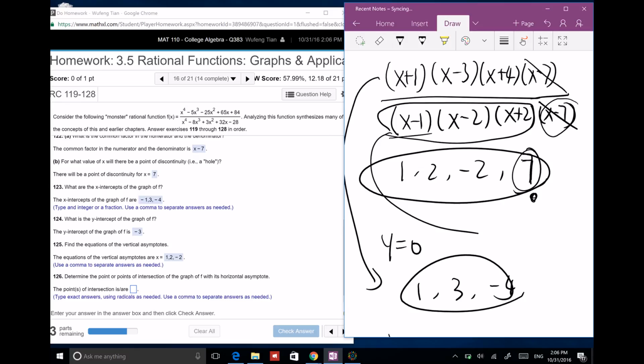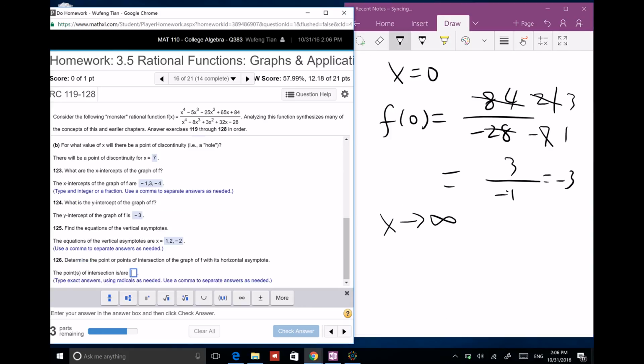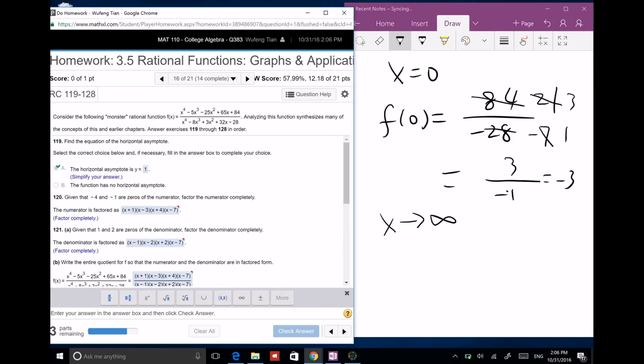Determine the points of intersection of the graph of f with this horizontal asymptote. Horizontal asymptote is what x goes to infinity. The horizontal asymptote is y equals 1.